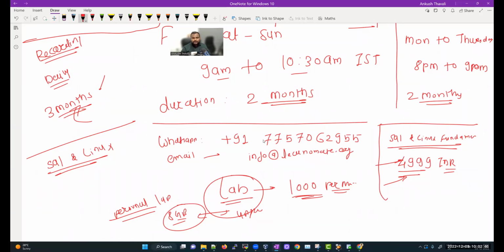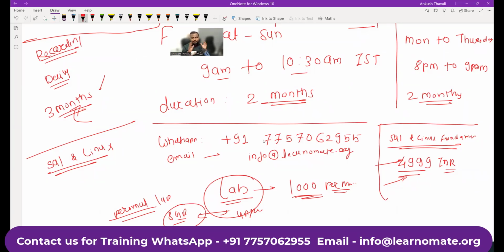We will help you set up a server, and on that server you can install your Oracle database. That 1000 rupees goes to the cloud vendor. If you have a personal laptop, then there is no need to take a lab.